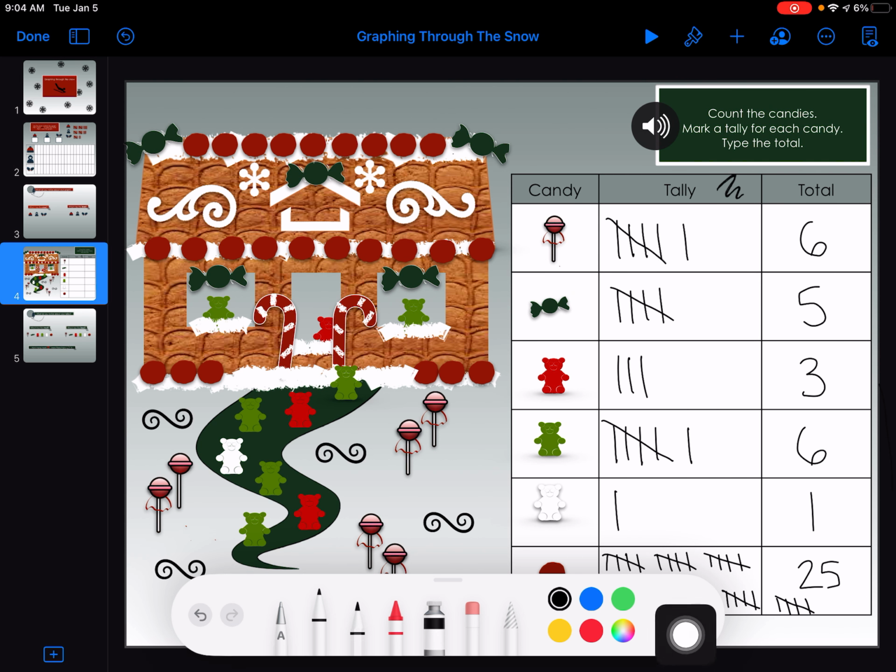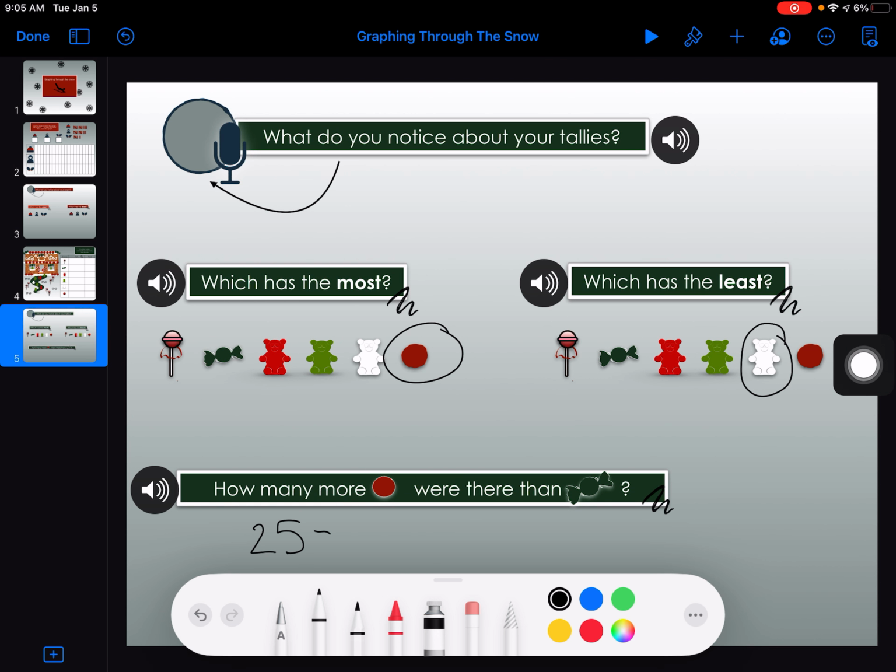How many hard green candies were there? 5. Minus 5 equals. I have my two amounts. I have my subtraction sign and my equal sign. The last part of our problem we need is our difference.